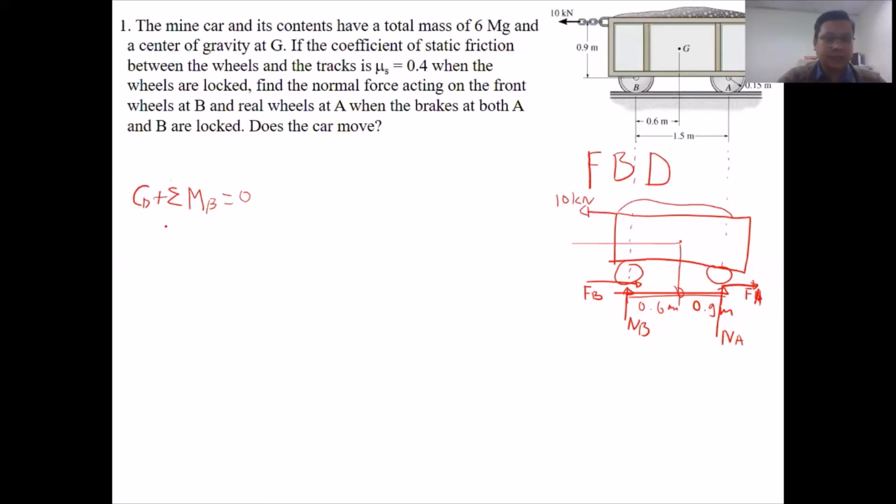Anything that creates a force can create a moment, so we can sum.